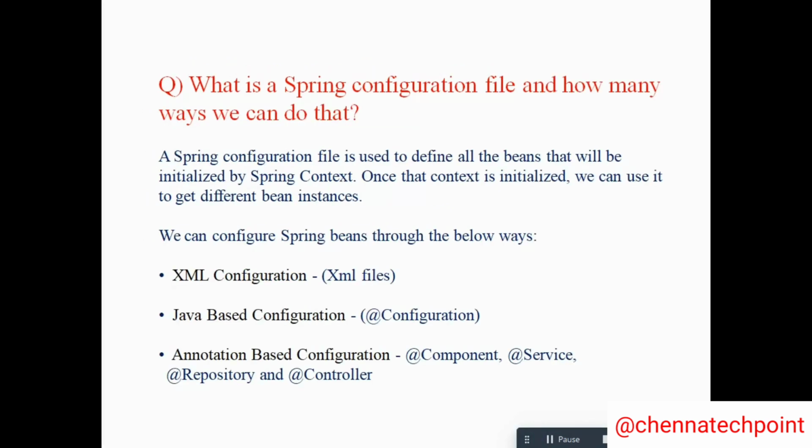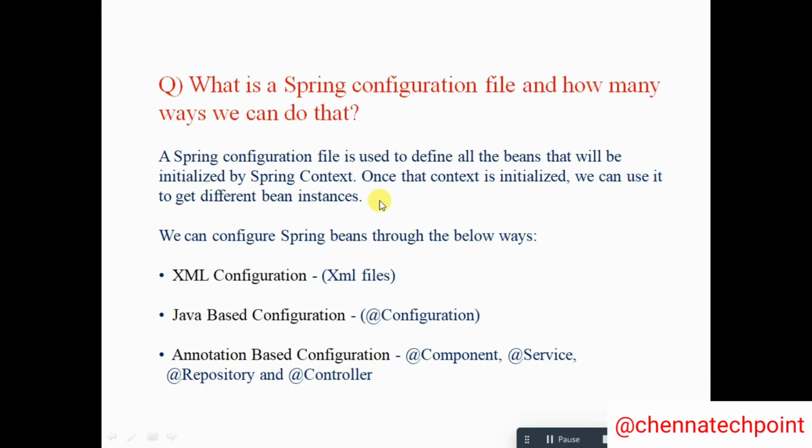Next one, what is a Spring configuration file and how many ways are there to create the configuration file? A Spring configuration file is used to define all the beans that will be initialized by the Spring context. Once the context is initialized, we can use it to get the different bean instances. We can configure the Spring beans through the below ways.